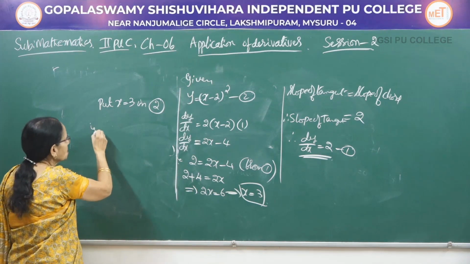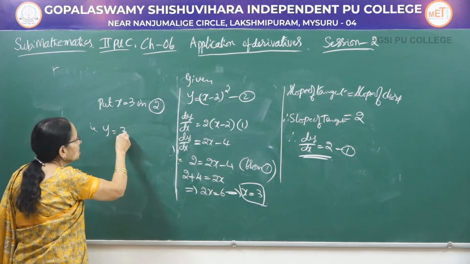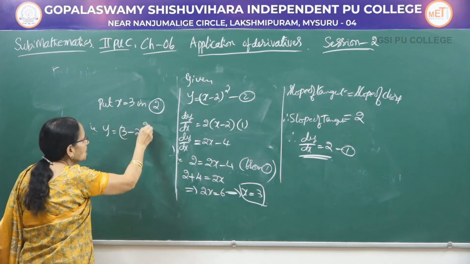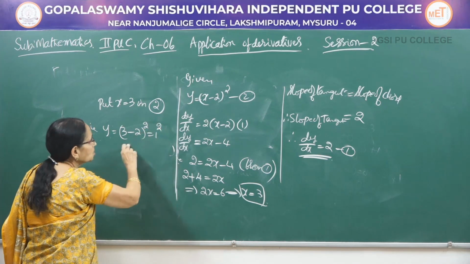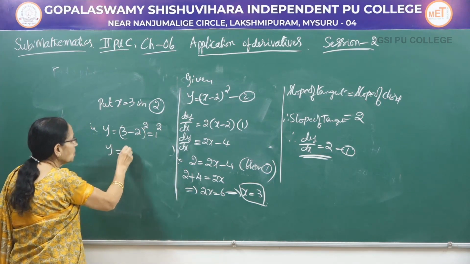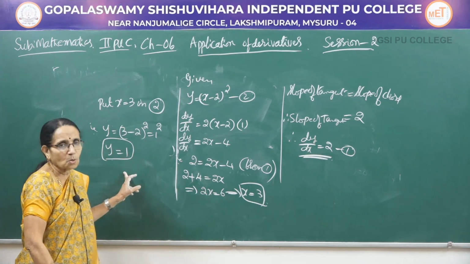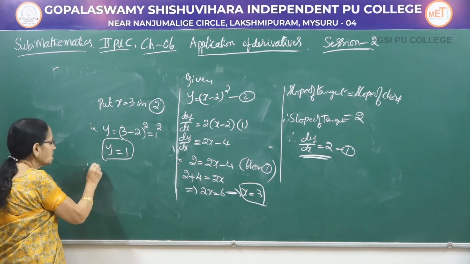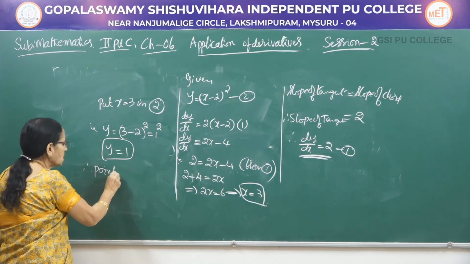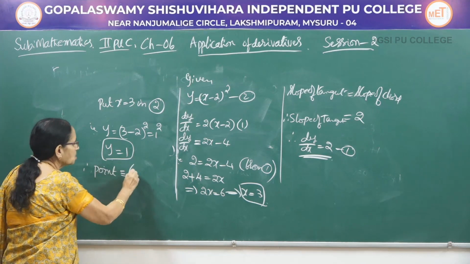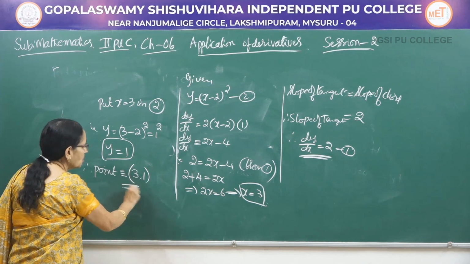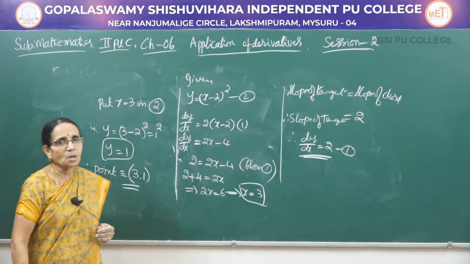That is y is equal to (3 minus 2) whole square, that is 1 square, so y is equal to 1. Therefore, the point has the coordinates (3, 1). So in this case, we got only one point.